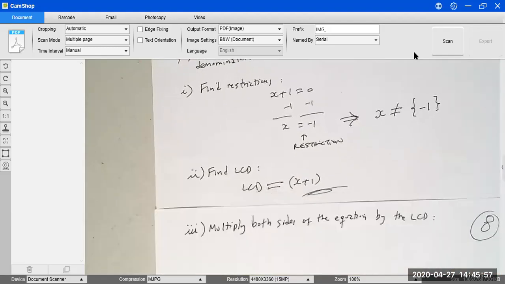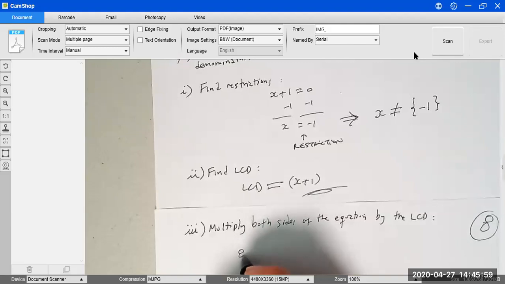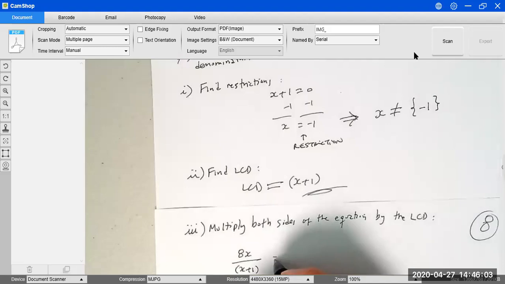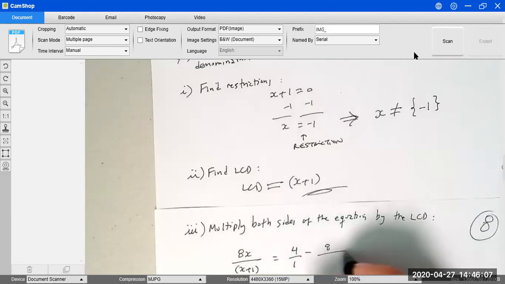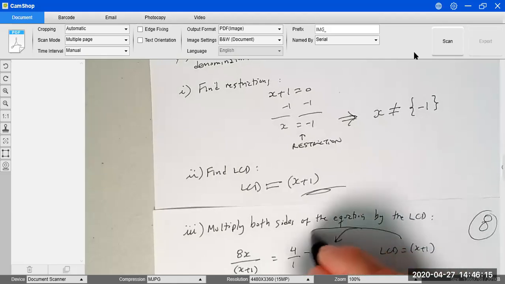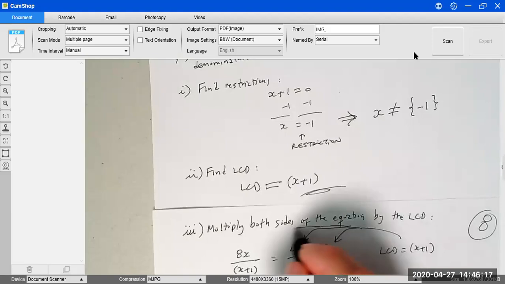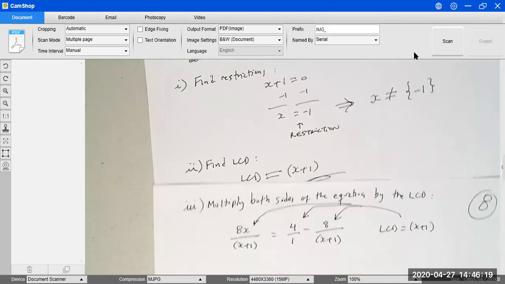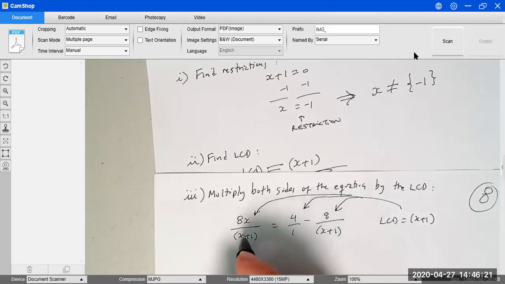So my equation is ax over x plus 1 equals 4 over 1 minus 8 over x plus 1. My least common denominator is x plus 1. So I'm going to multiply everything by this least common denominator. It's like applying the distributive property. So we start with the first one.